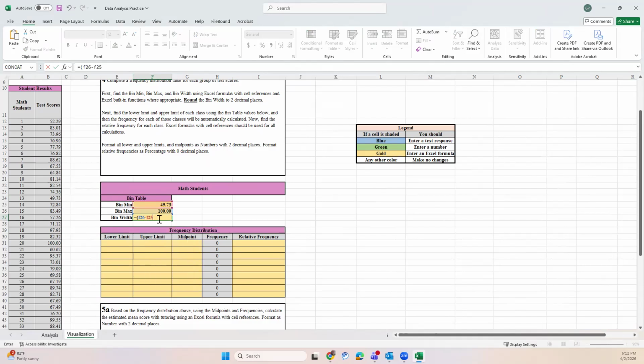You have to put these in the right order or you get a negative value. It's max minus min. I then close my parenthesis and I divide by 9 because there were 9 bins. And this will give me my bin width. You need to know how many bins you have to know how many to divide it by.